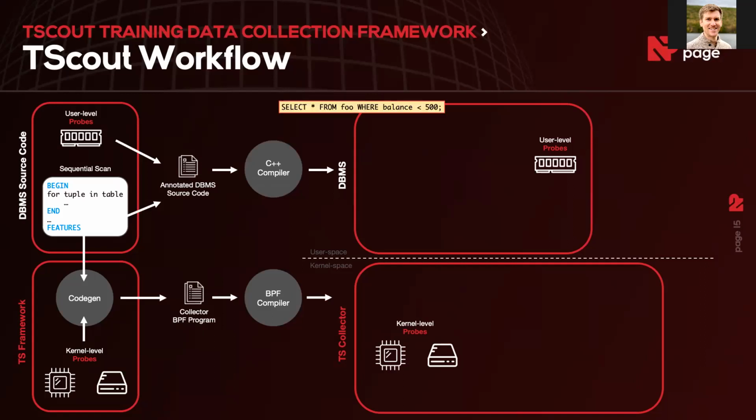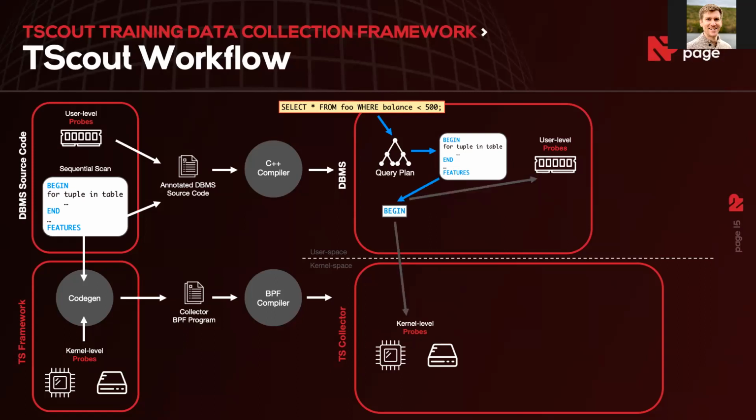Upon query arrival, the DBMS creates a plan and starts executing the scan code. After traversing the begin marker, execution transitions to the collector, which uses the probes to read metrics and stores the intermediate results in BPF maps. The sequential scan continues until completion, whereupon the end marker invokes the collector again, which stores final metrics in the maps.